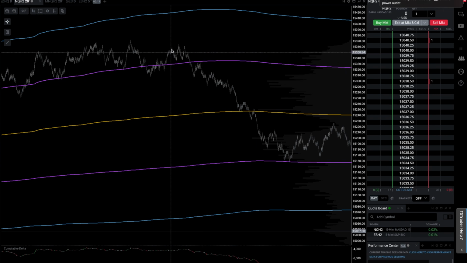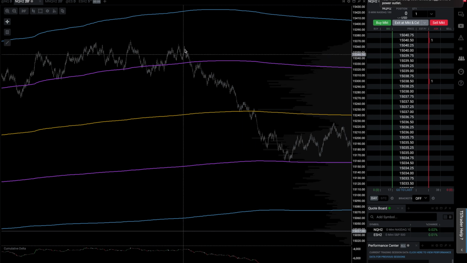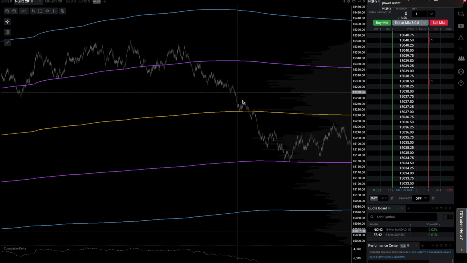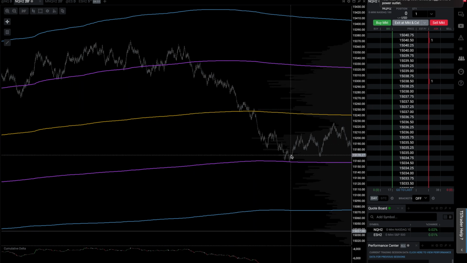We try to go up, come back down, try to go up again, don't. And then we try to go up one more time. This is a lower high. And then this is the point where it just dumps. And you can see it comes all the way down.